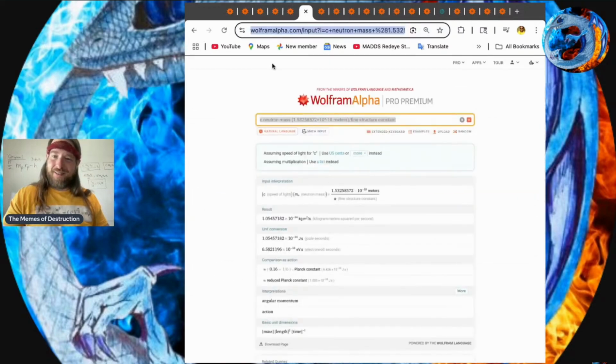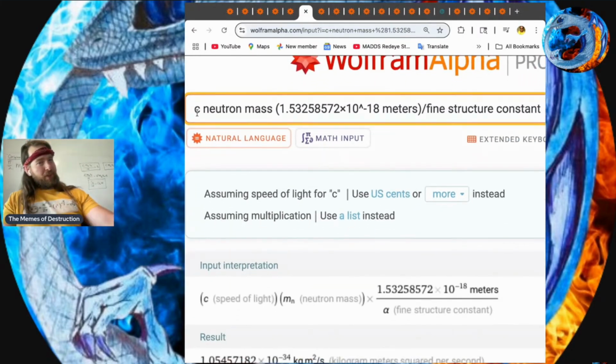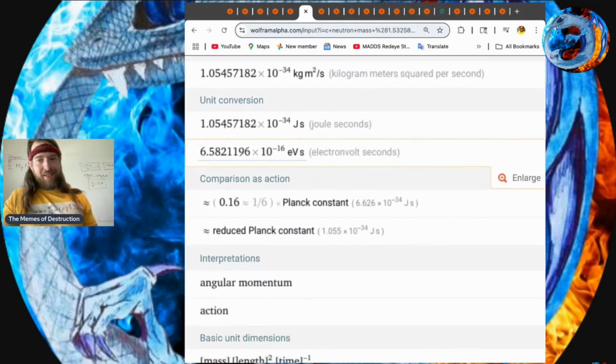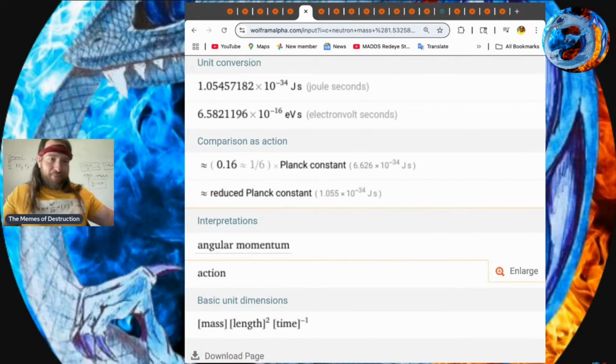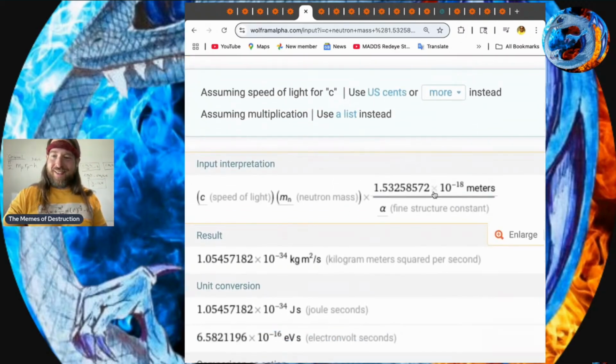Okay, so we took that and we just plug it back into our expression. So we're taking the speed of light times the mass of the neutron times this estimated classical radius of the neutron divided by the fine structure constant. Oh, and of course we're going to get the same thing because we literally set it equal to that. Now, this classical radius is interesting because, number one, it's a little bit smaller than the proton's classical radius.